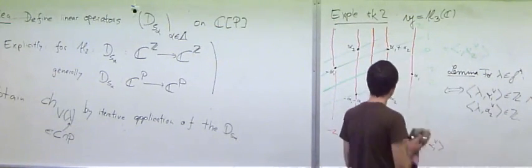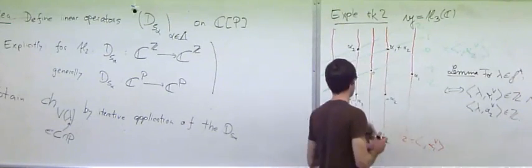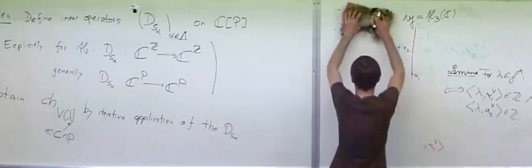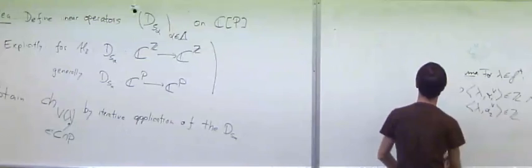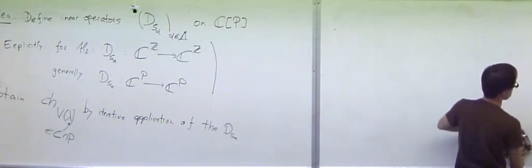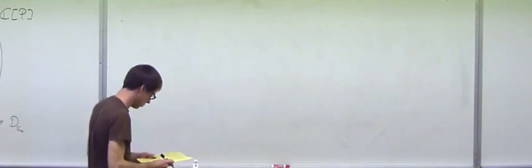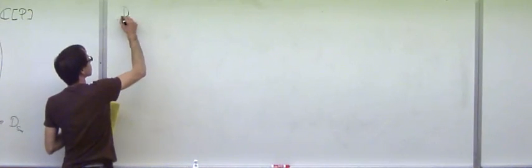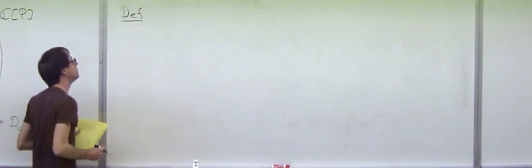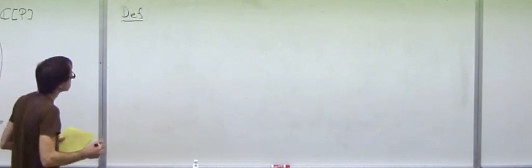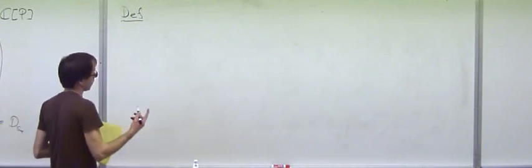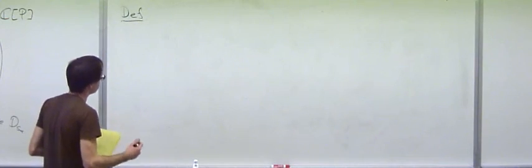So let me define these operators again. I define a Demazure operator for each simple root.